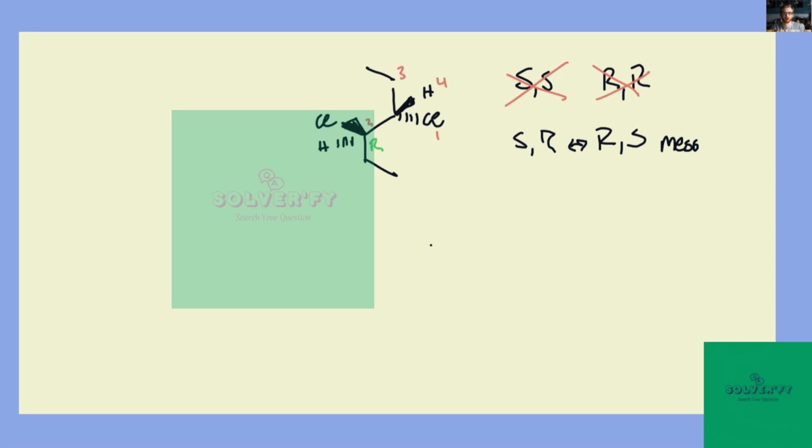If we connect 1 to 2 to 3, it is clockwise, which would be R, except our lowest priority substituent is not in the back, which means we get S. Okay. And so I can put an S here. Great. So this tells us that option 1 gives us R and S.